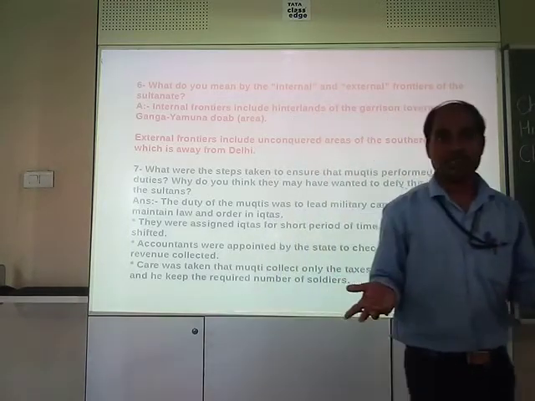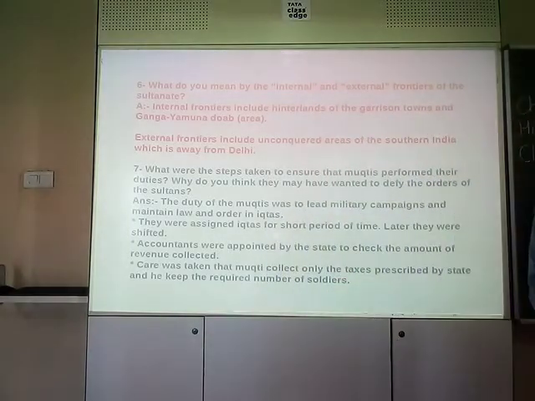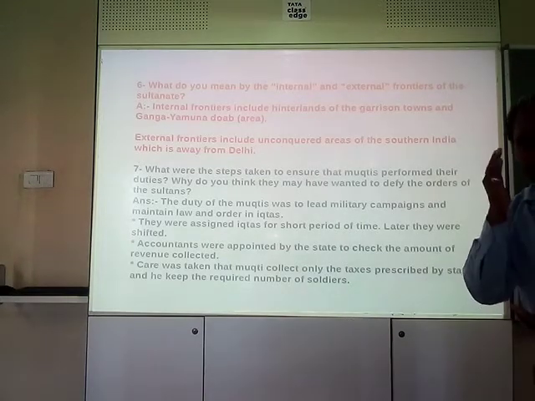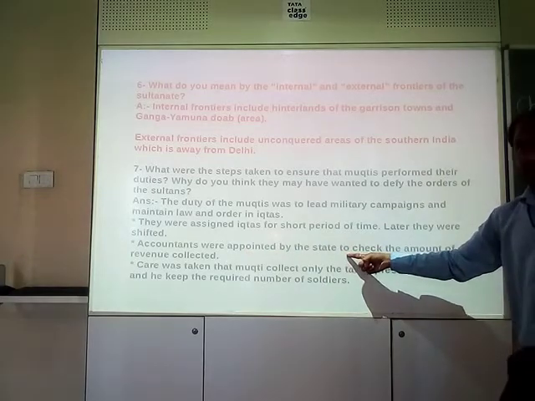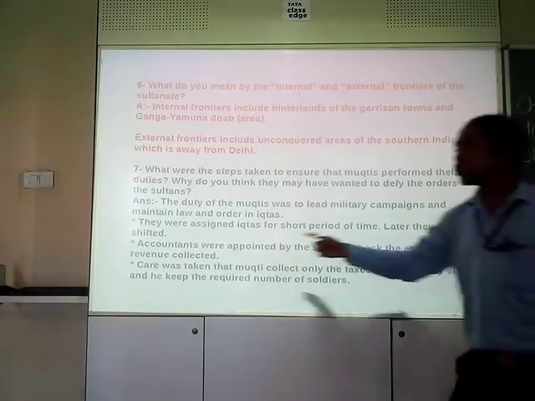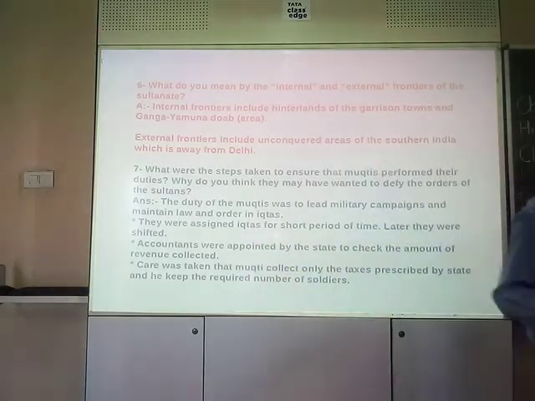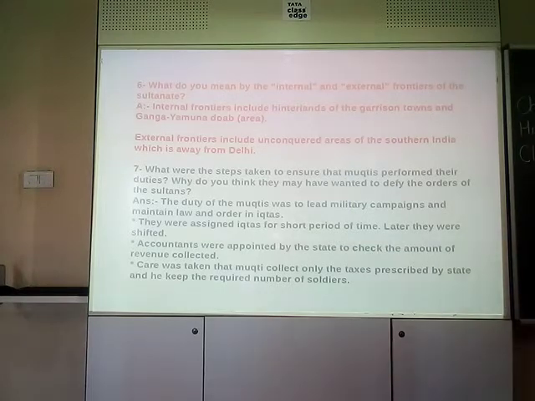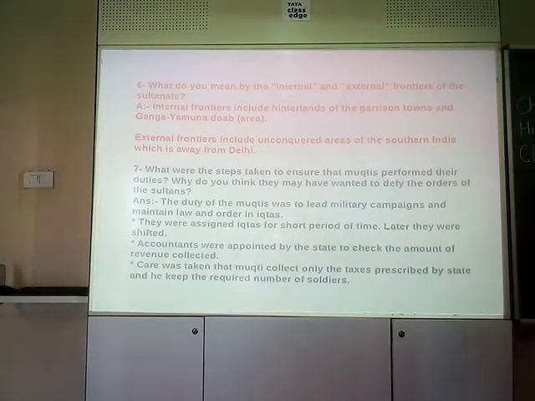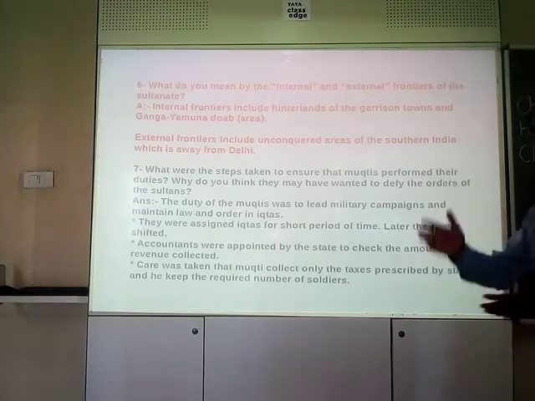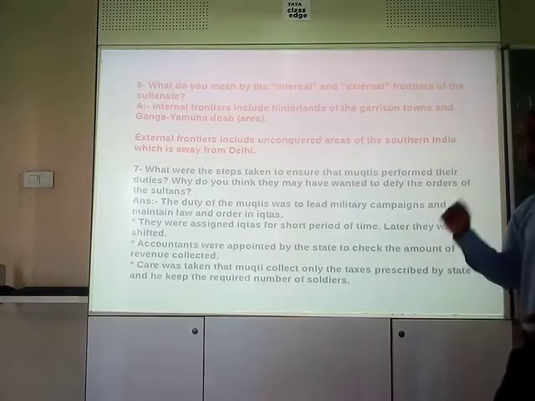Obviously they are committing a fraud, they are cheating, right? So in order to avoid that cheating, accountants were appointed by the state to check the amount of revenue collected. Whatever revenue is being collected is always looked at by the accountants appointed by the state, right? I don't think there will be any problem. Everything will be crystal clear now.